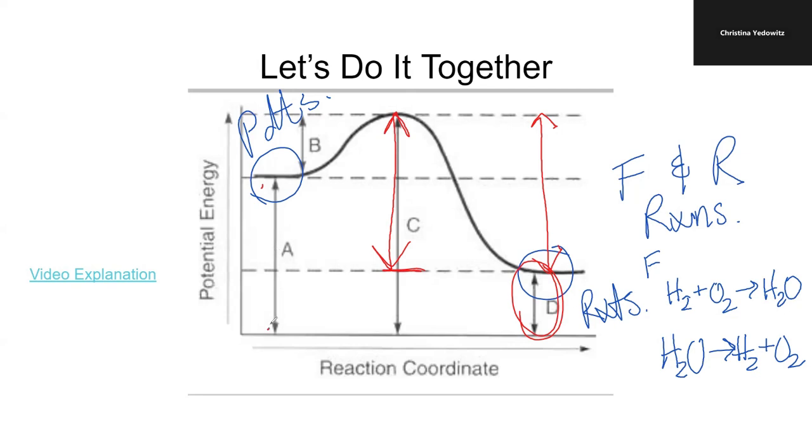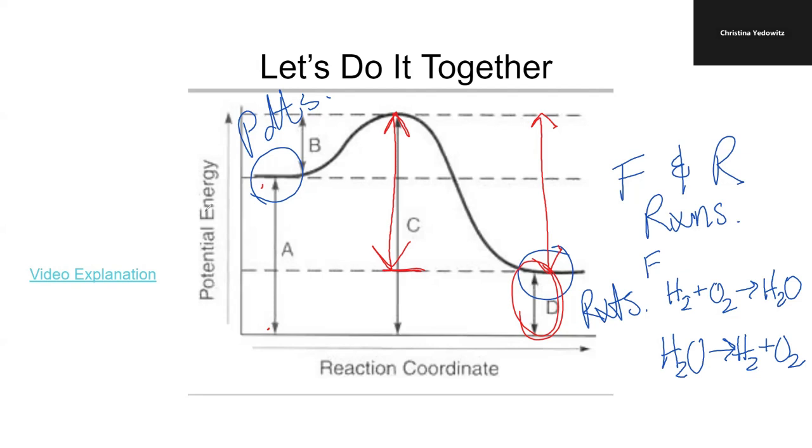The overall reaction is now endothermic if I'm going backwards, right? Because if I'm going backwards, I'm ending up with more energy. If forward it's exo, backwards it's endo. Same thing for phase changes, right? If melting is endo, then freezing is exo. So same idea, they're just reverses of each other.